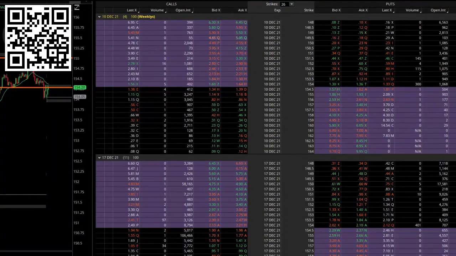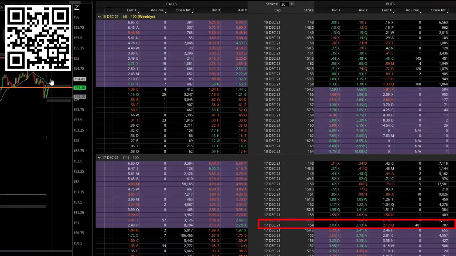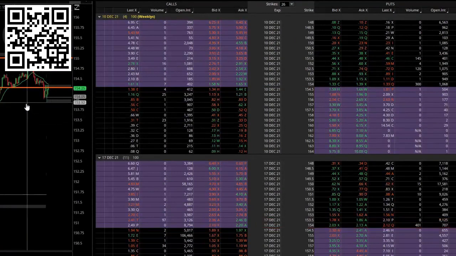No, we need to respect price. We know we have much more put volume than calls for this week, and also for next week, but we need price confirmation. Right now what we see is a first retest here and it's failing.